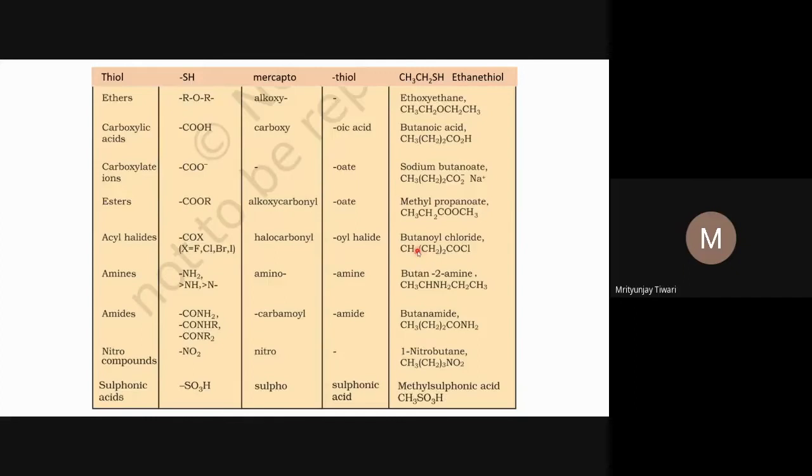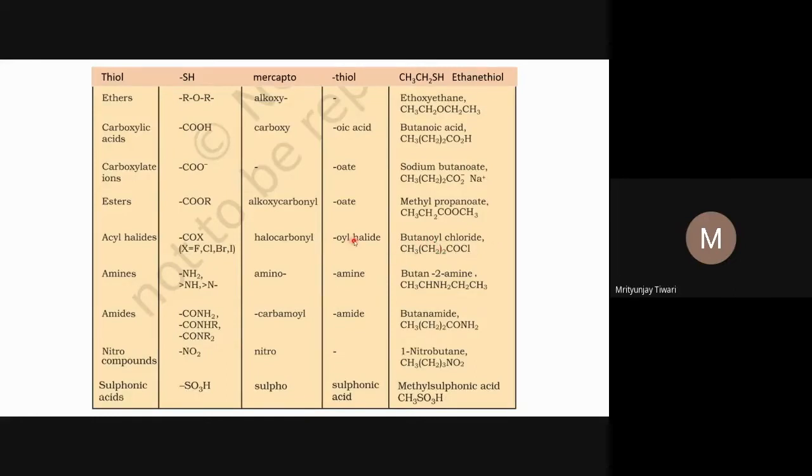Now let's see this example: CH3, CH2, CH2, COCl. So the numbering will again start from this carbon atom, 1, 2, 3, 4. This compound also contains 4 carbon atoms, so it will be butanoyl. From butane, the e will be removed because there is also a vowel. So butane, and then oyl will be added, and chloride.